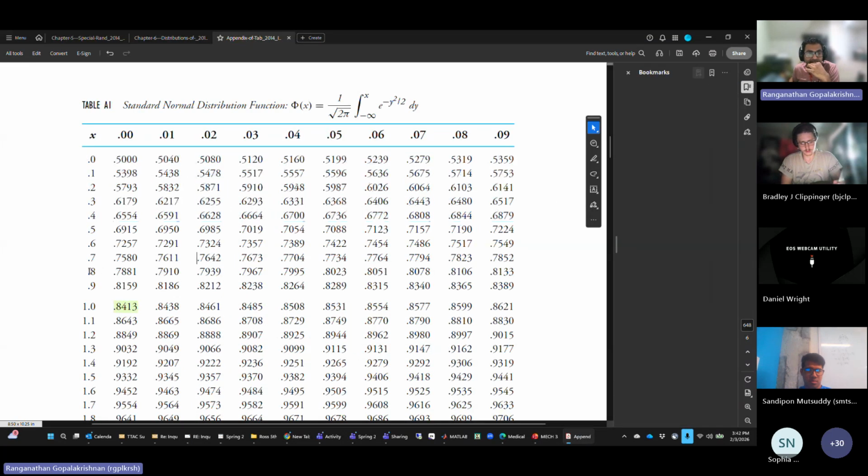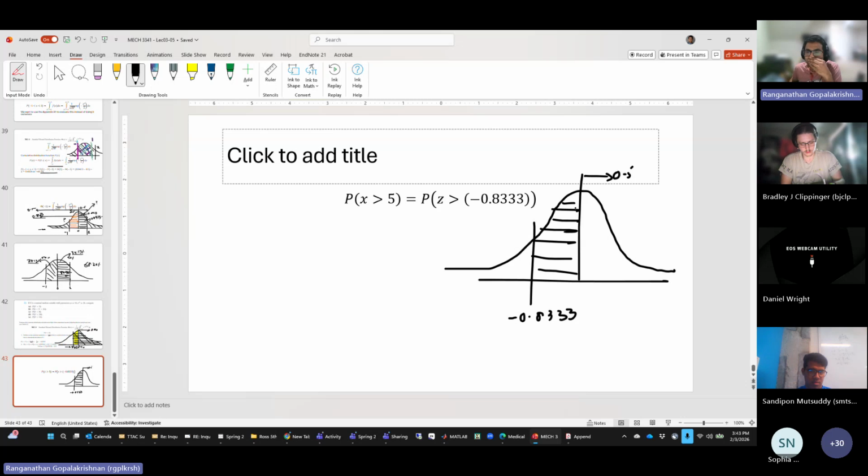What is f of 0.833? I don't have it here. I have 0.83, which is 0.7967. So that would be 0.7967. So everything to the left of this is 0.7967. Okay. So this area is going to be 0.2967.